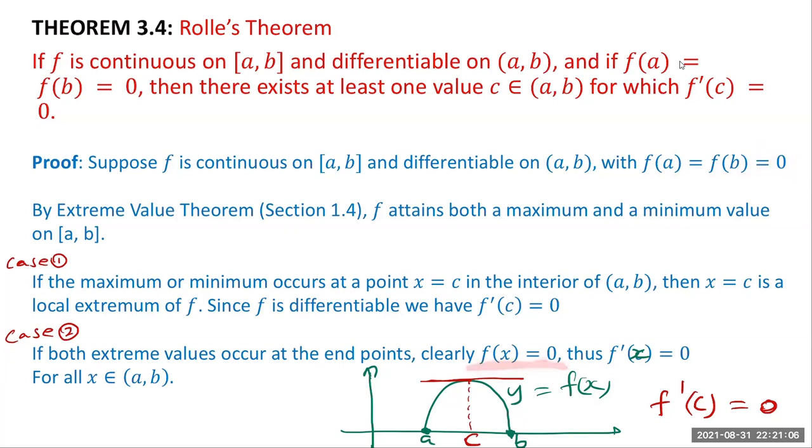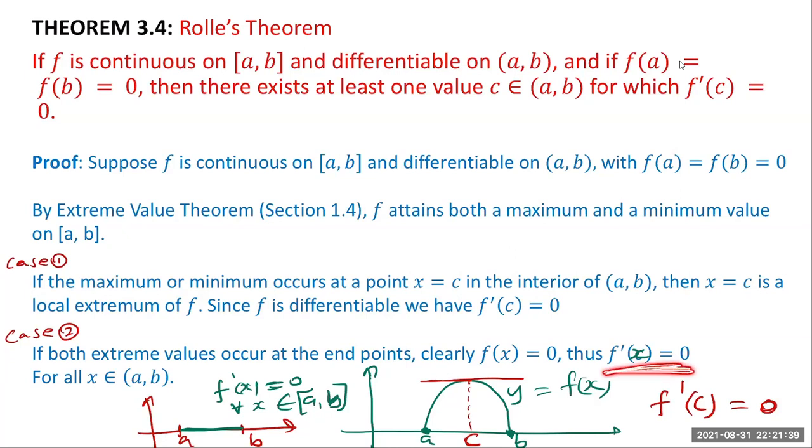If your function is 0 everywhere, you will get a graph like this on the interval a comma b. This is a, this is b. What is the derivative now? f prime of x is 0 for all x in the interval a comma b.